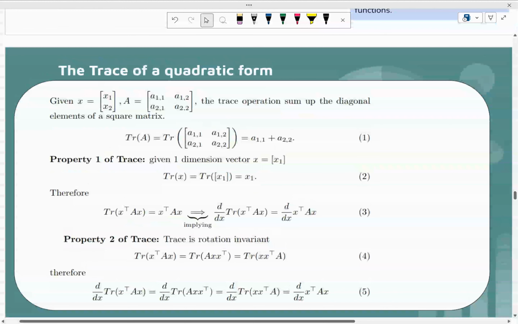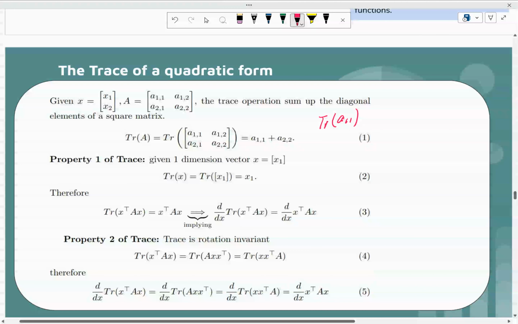So the next one is trace. You may remember what trace was from the previous lecture. The trace is basically the summation of the diagonal. So it's A11 plus A22. So if this is the case, what do you think the trace is if it's just one number, A11?